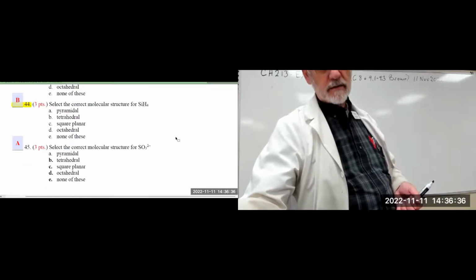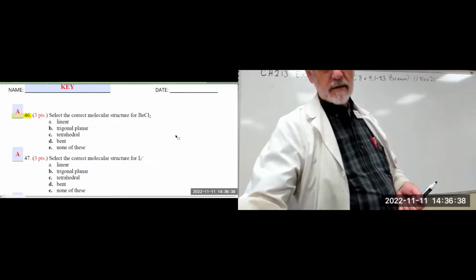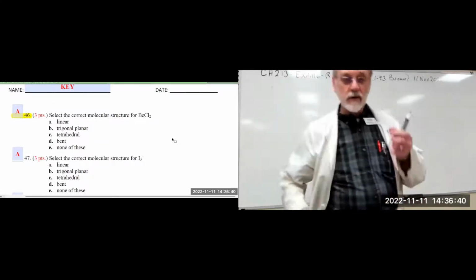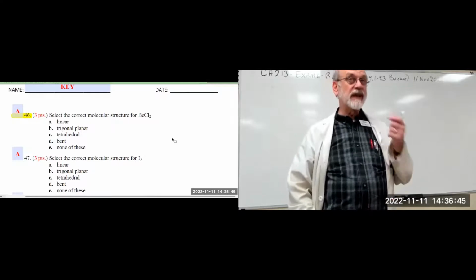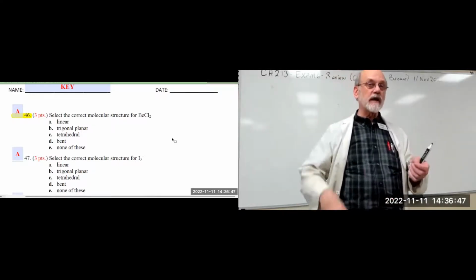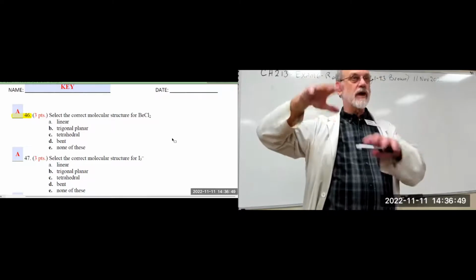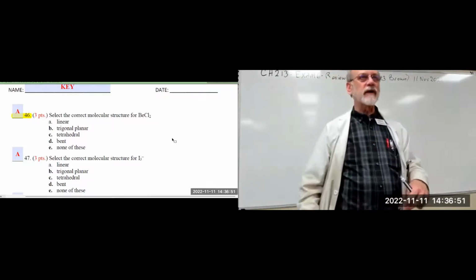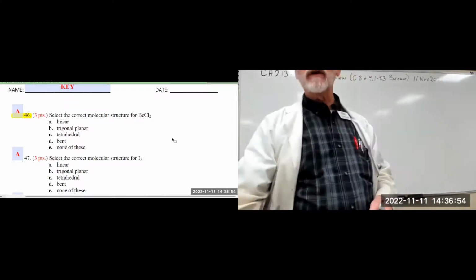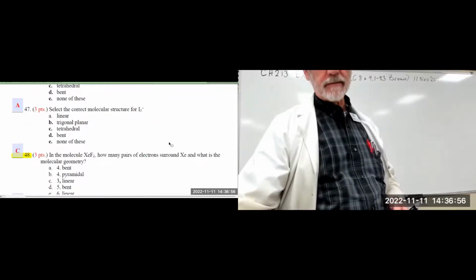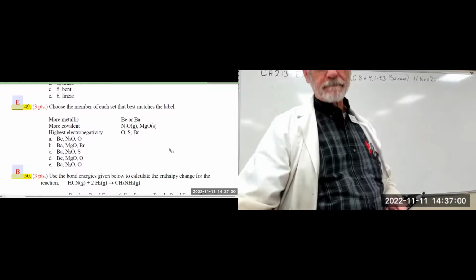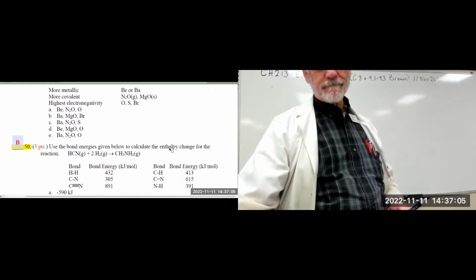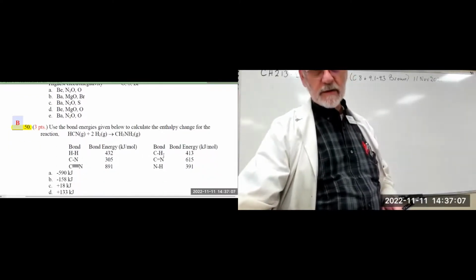There's another one. And be sure and read the question. Does it ask for electronic geometry or molecular geometry? If it's molecular, then you draw the electronic and then you use your hand to cover up the lone pairs and say what's left over. That's your molecular geometry. All right, we'll have to come back to that one too.